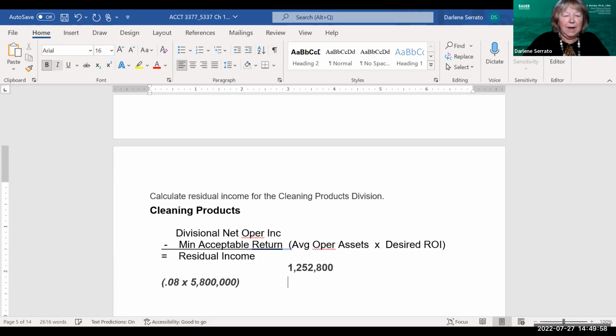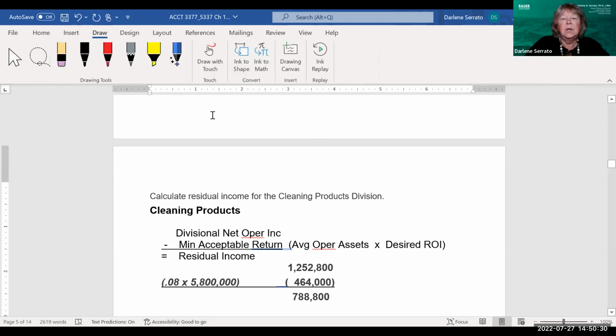So we are subtracting 464,000. So residual income ends up being a positive number of 788,800.